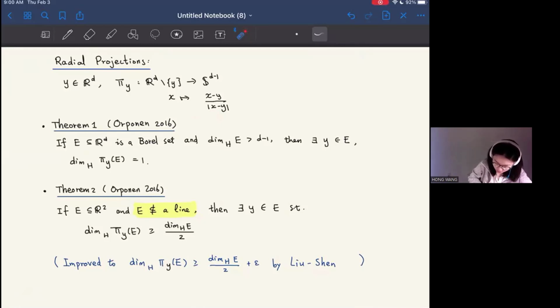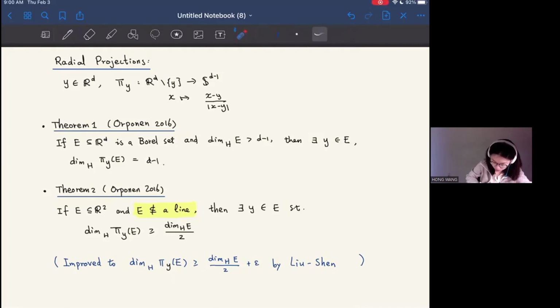The first one is: if E is a Borel subset of R^d and the Hausdorff dimension of E is greater than d-1, then there exists Y in E such that the Hausdorff dimension of the radial projection image equals to 1. Sorry, this shouldn't be 1. Equals to d-1.